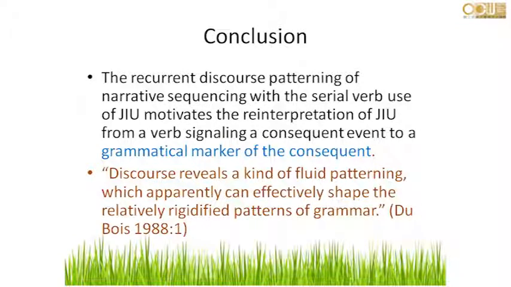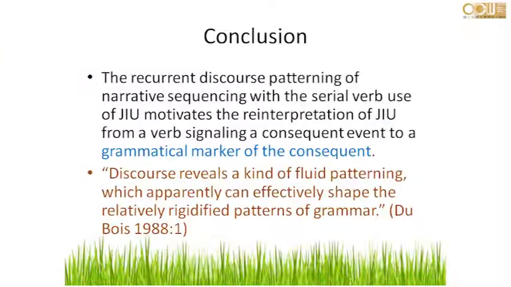OK，所以这样子一个 case study illustrate 一个很重要的理论上面的 premise。Discourse reveals a kind of fluid patterning。那这个 fluid patterning 就是我们在讲 emergent 的这个概念。什么叫 emergent？它是一个 fluid patterning, which apparently can effectively shape the relatively rigidified patterns of grammar. 没有错，相对而言，语法是比较固定的，比较严谨的，但是它仍然有变动的可能。而这个变动呢，跟这个 fluid patterning of discourse 有关。所以 emergent grammar 是 due to 什么？Due to use, right?